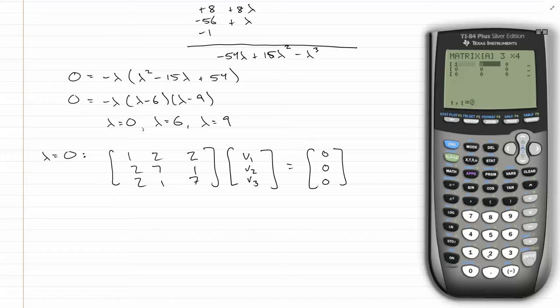We're going to have 1, 2, 2, 0. That's the first equation. 2, 7, 1, 0. 2, 1, 7, 0. That's the third equation. We'd want to RREF that system to figure out what the solution is.